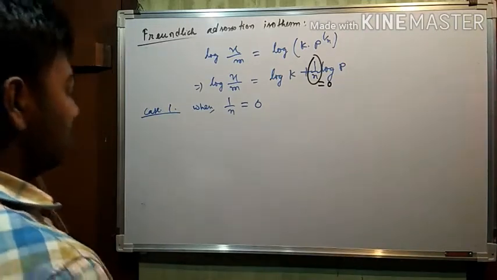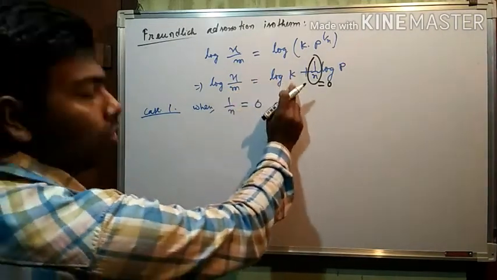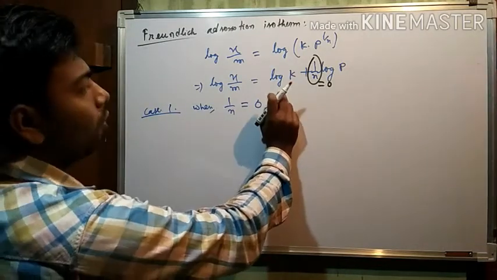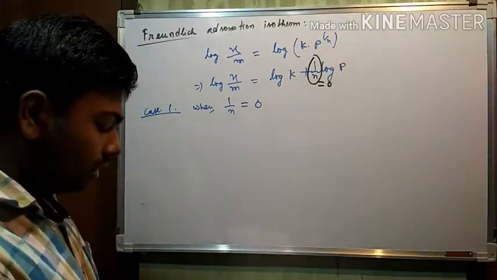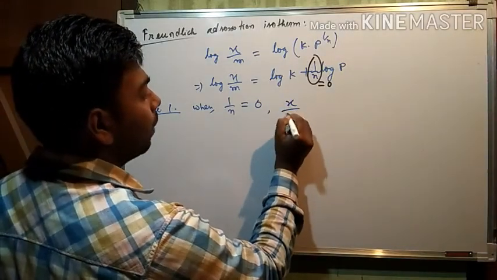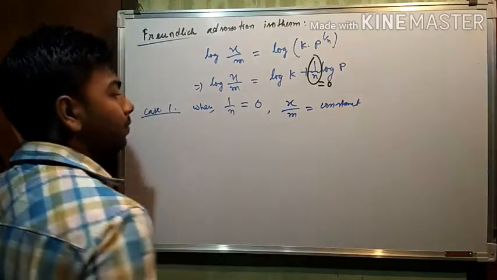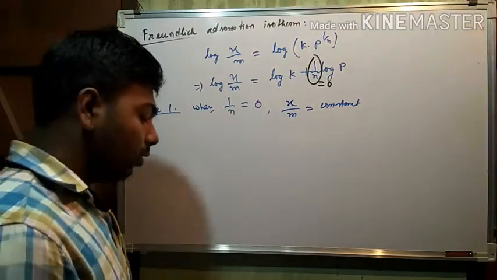That means we can say x by m equal to constant, no? K is a constant, log of k is another constant. See, that's how we can say x by m is a constant.